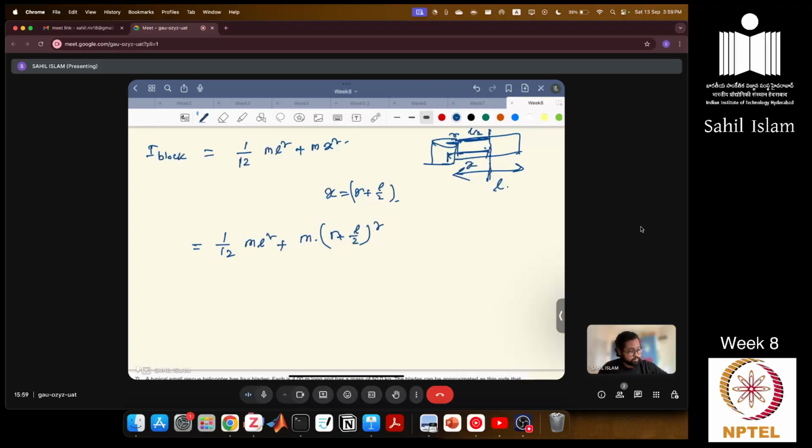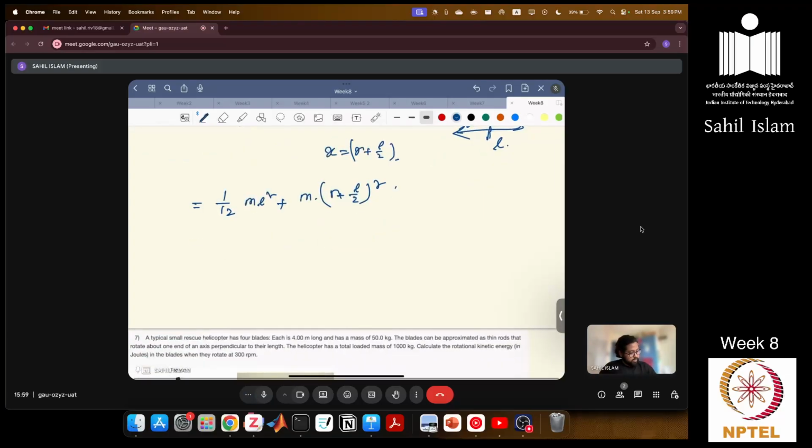Now let's break it down: 1 by 12 m L square plus m times r square plus r L plus L square by 4, which is 1 by 12 m L square plus m r square plus m r L plus m L square by 4.